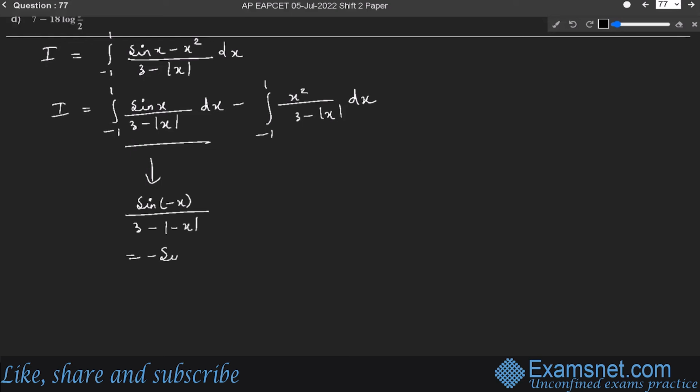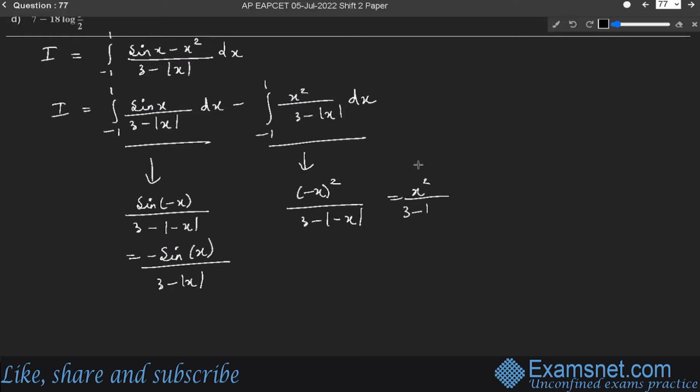Now, on solving this part, we get sine of minus x divided by 3 minus modulus of minus x, which is equal to minus of sine x divided by 3 minus modulus of x. Solving the second part, we get minus x square divided by 3 minus modulus of minus x, which is equal to x square upon 3 minus modulus of x.